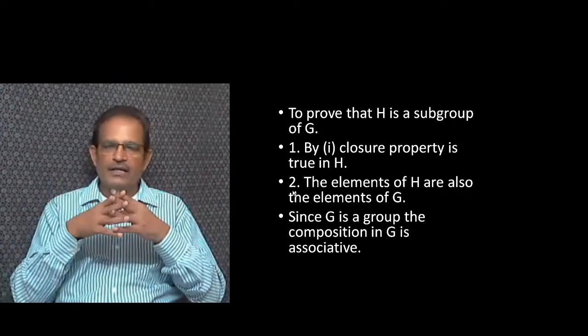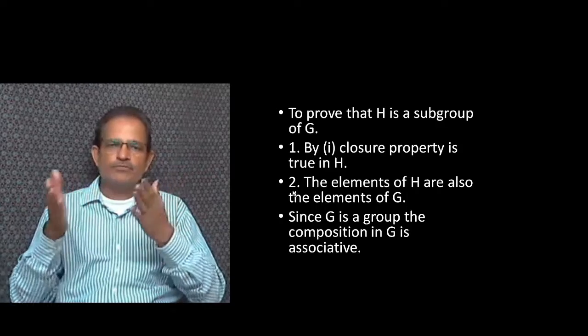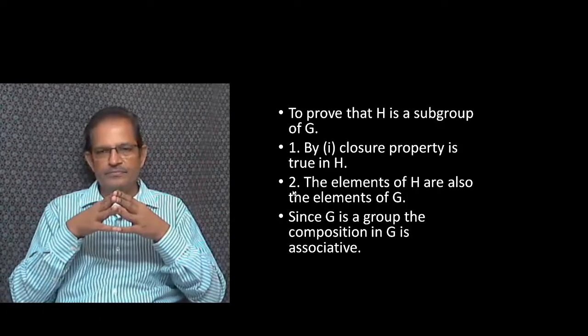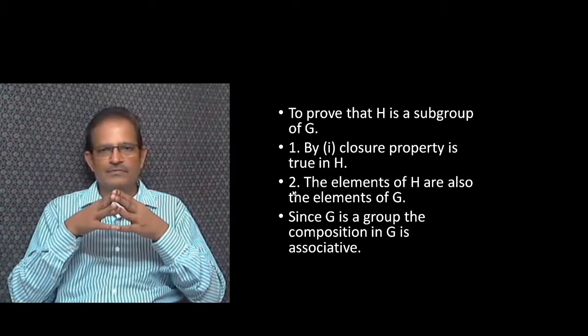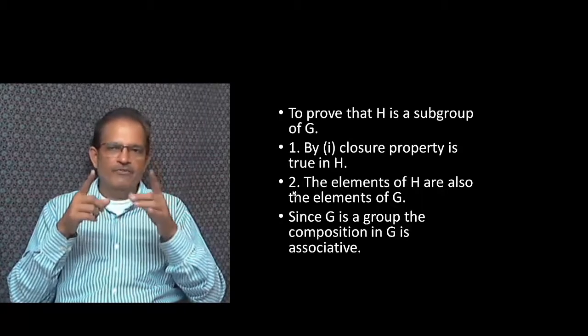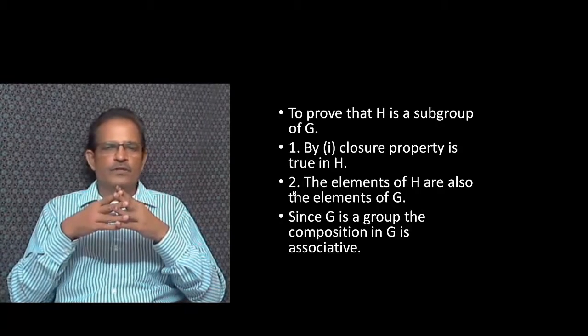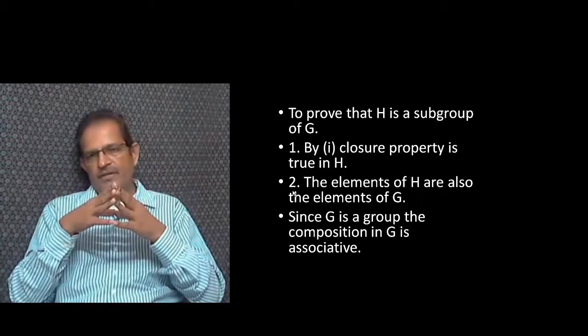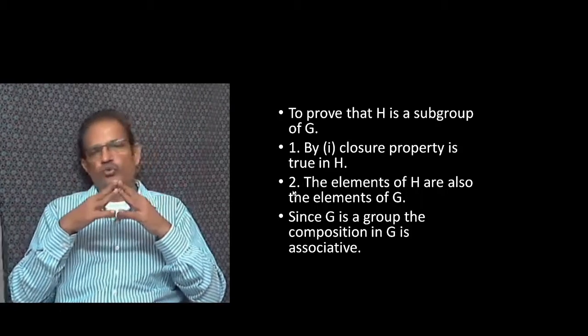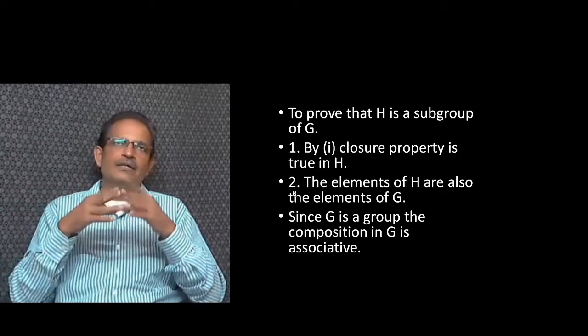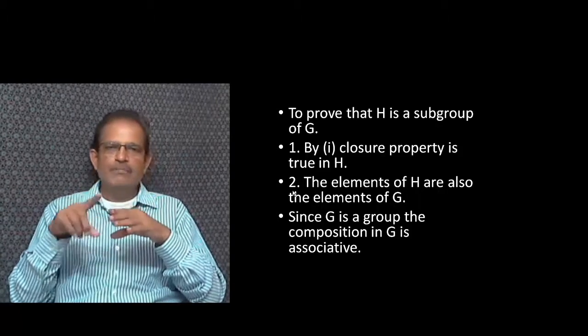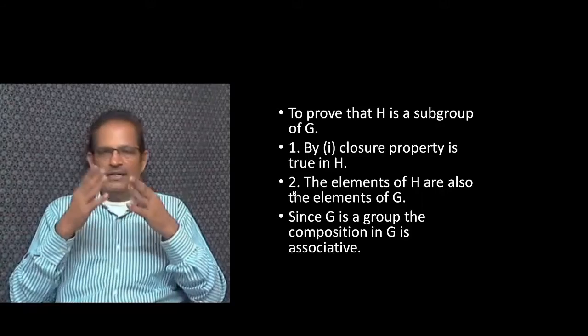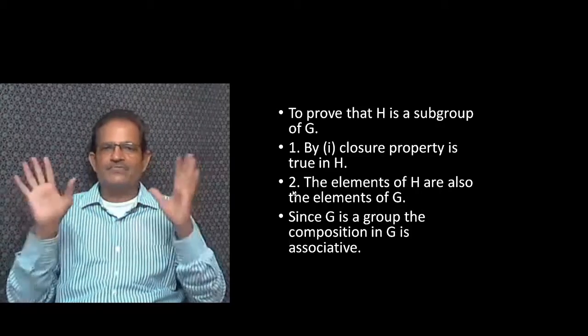Now we have to prove that H is a subgroup of G. By 1, closure property is true in H because condition 1 is true. What is condition 1? If A, B belong to H, AB belongs to H. That is true. So closure property is satisfied.